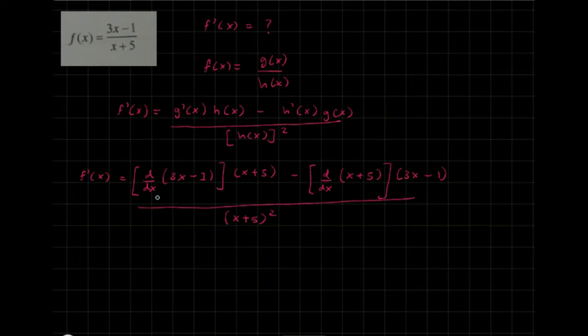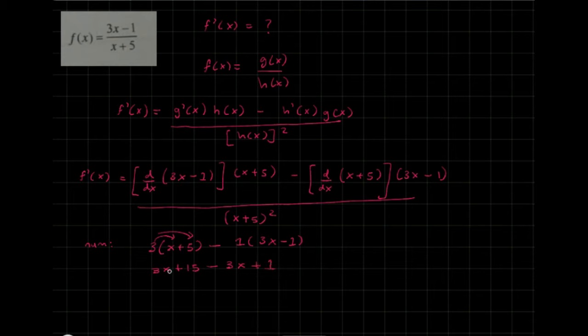If I clean this up a little bit, the derivative of 3x minus 1 is 3 times x plus 5 minus the derivative of x plus 5 here, which is 1 times 3x minus 1. I'm just going to work on simplifying the numerator first, and then I'm going to combine the denominator. So if I expand this out, this is 3x plus 15 minus 3x plus 1.